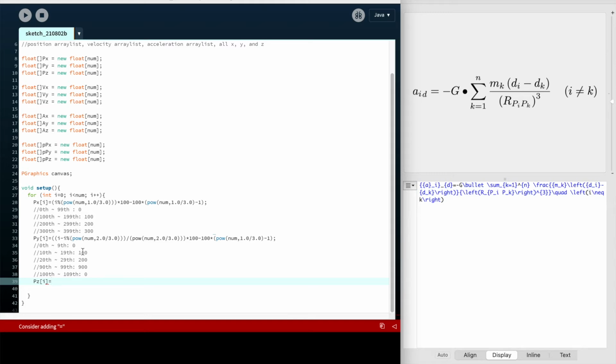So now for pz, I'm going to need this pattern, and to make this pattern, I say, well, first of all, I must subtract the remainder when I divide by 10, and then divide by 10 of that value, then multiply by 100.